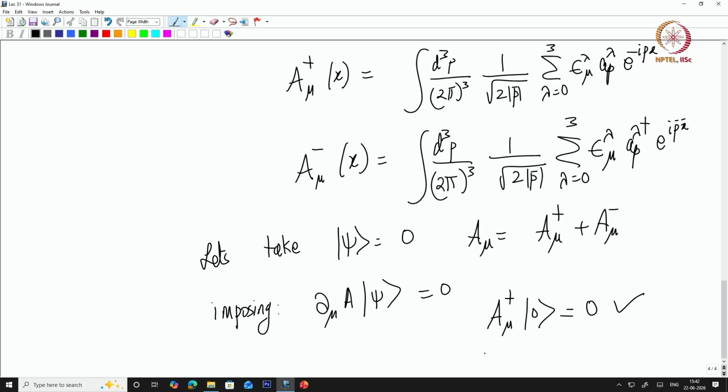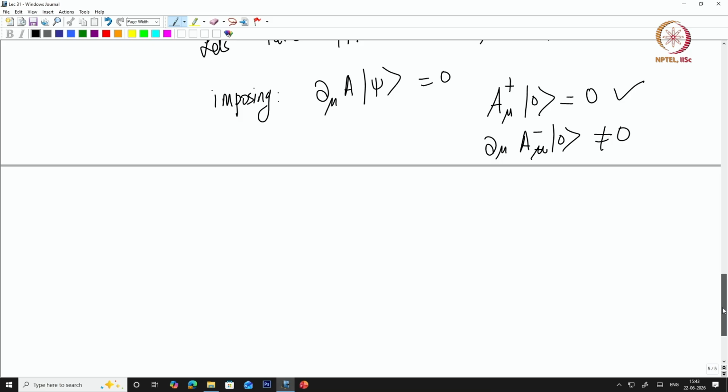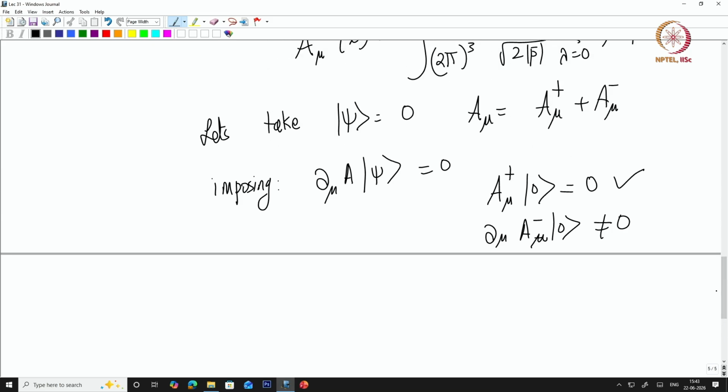But then you have del mu A mu minus acting on the vacuum, which is not equal to 0. So, for the creation operators, del mu A acting on the state, especially the vacuum, is not equal to 0. So, this condition is too strong essentially.